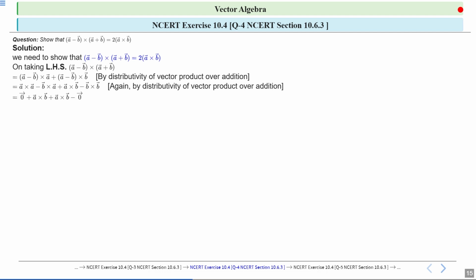Now the terms A vector cross A vector and B vector cross B vector are replaced with 0 vector, since the cross product of any vector with itself is always 0. So the expression simplifies to 0 vector plus A vector cross B vector plus A vector cross B vector minus 0 vector. Clear? Which will be equal to 2 times A vector cross B vector, okay?